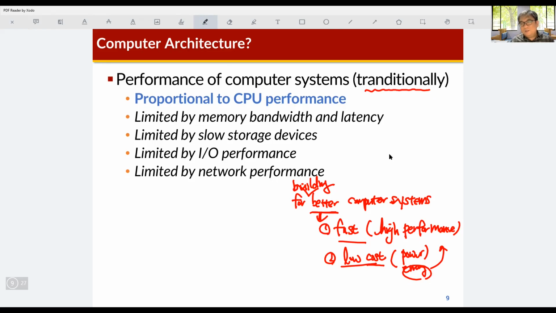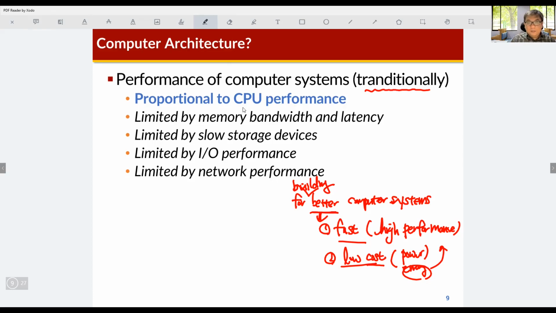So that's why the CPU is a very critical and important component in the computer system. And then the processor architecture of the CPU is so critical for the traditional computer system.